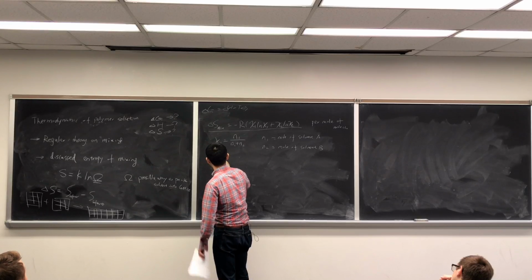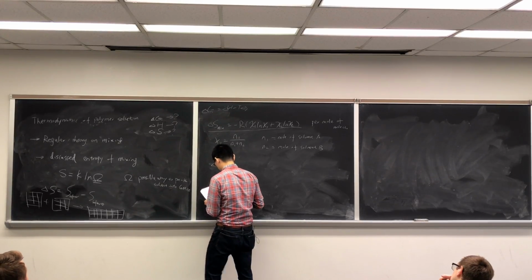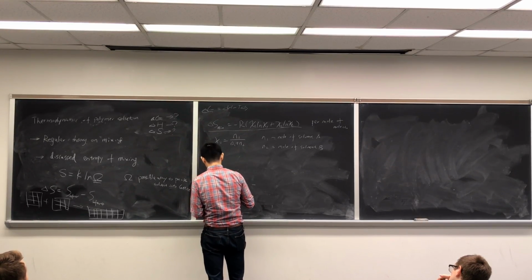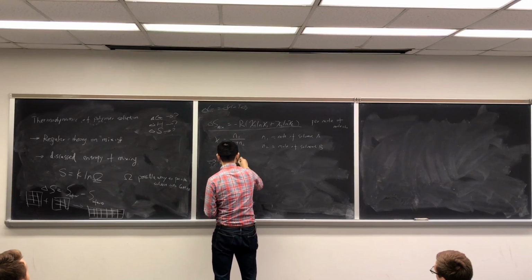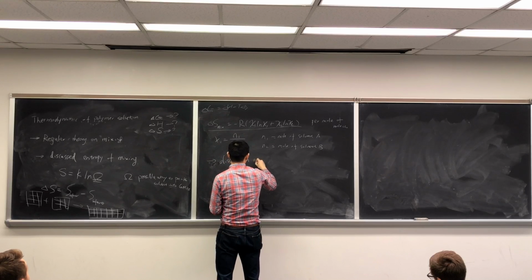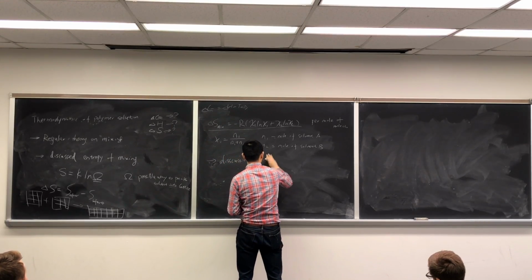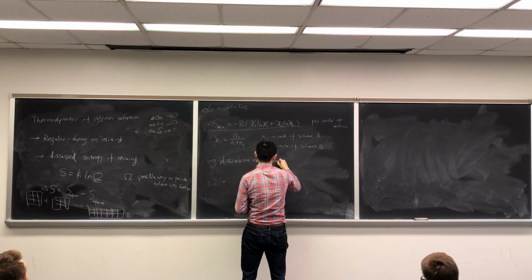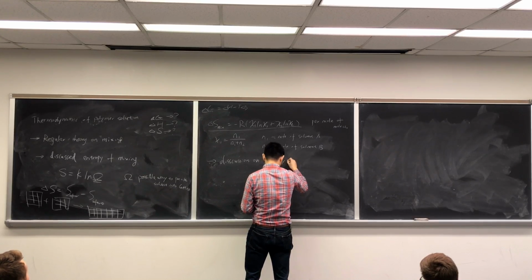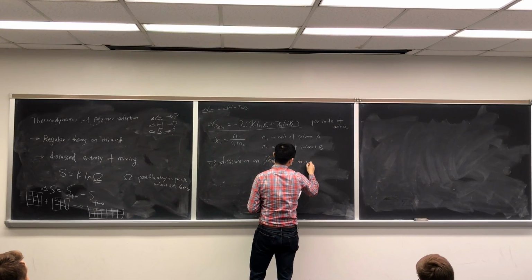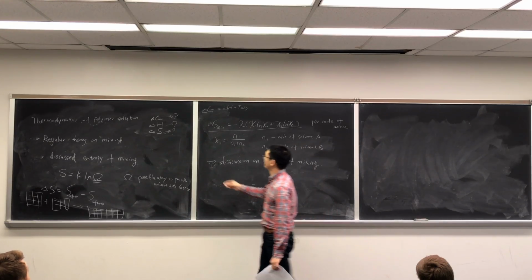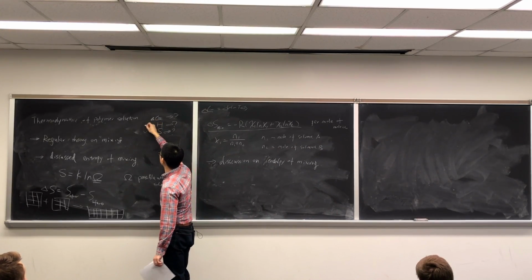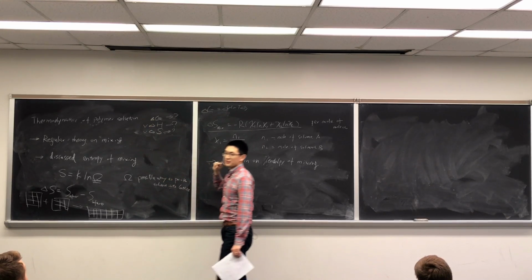Then we moved on to look into the enthalpy of mixing. Okay? Because this is a check. We need to check this, then we can get delta G.